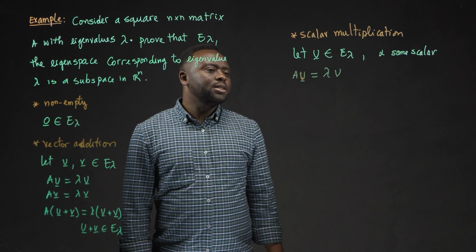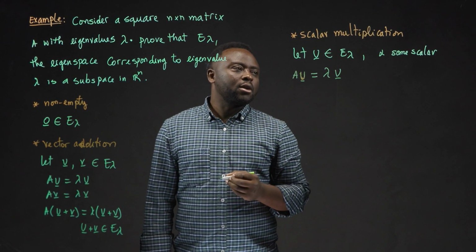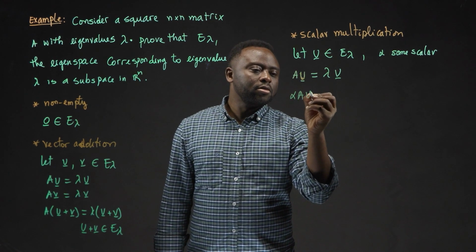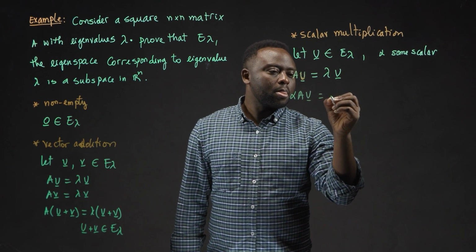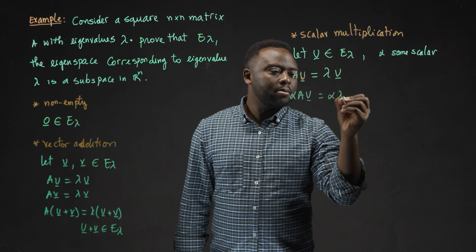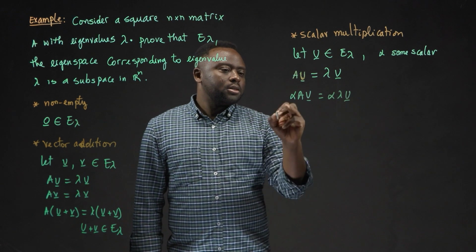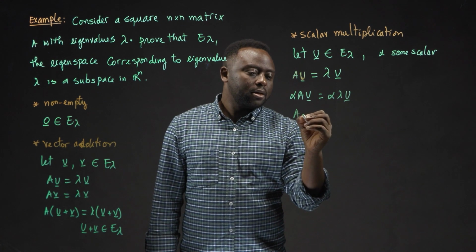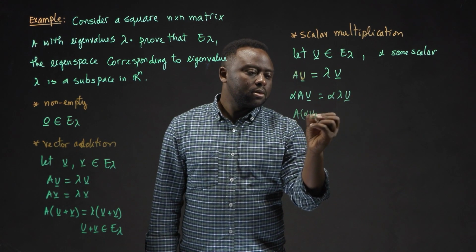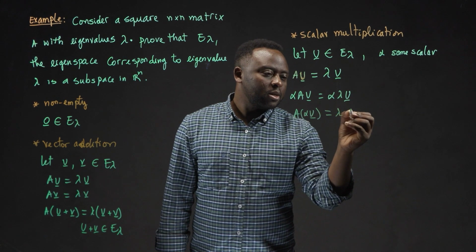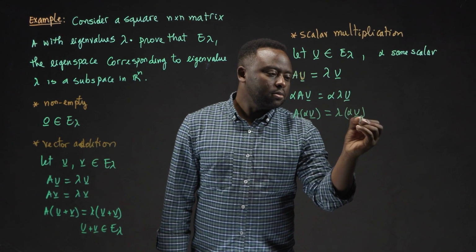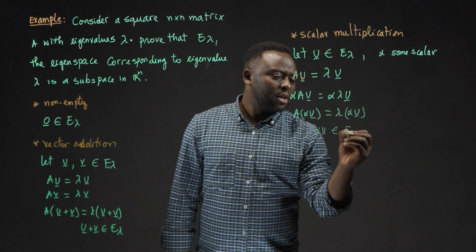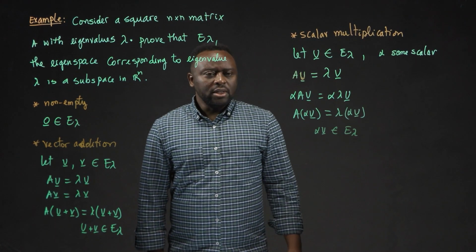If we multiply this by the scalar alpha, we have alpha times A u is equal to alpha lambda u. Right, this is a scalar, so we can change the position. This becomes A times alpha u is equal to lambda alpha u. So this clearly means that alpha u also belongs to the eigenspace E lambda.